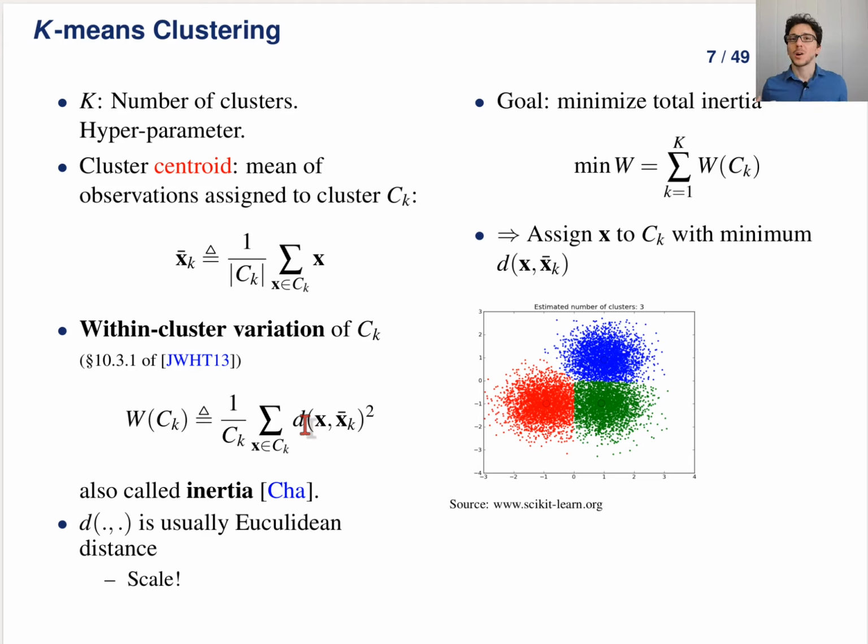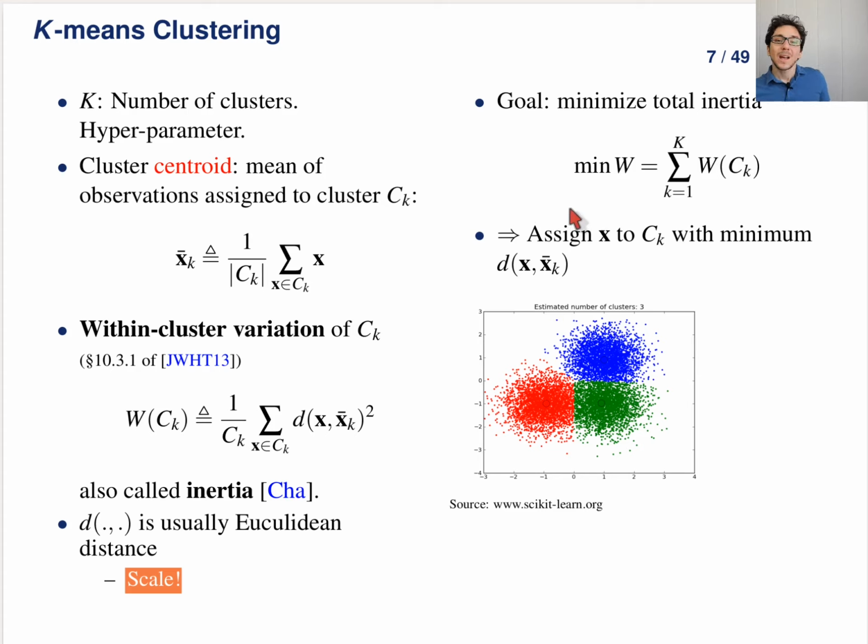And so you would cancel out the features with smallest value, because they will not actually appear in the distance expression. So first, scale your dataset before performing clustering.